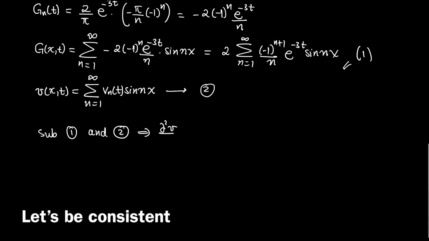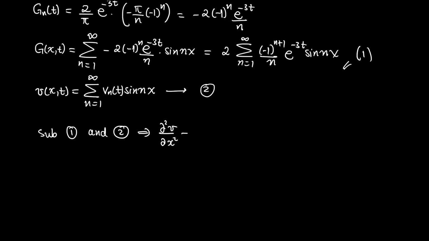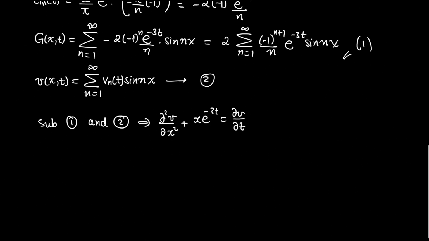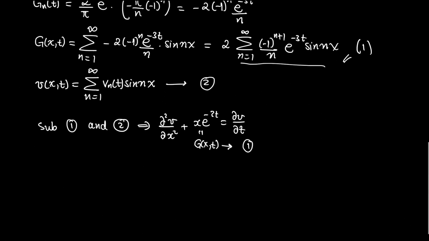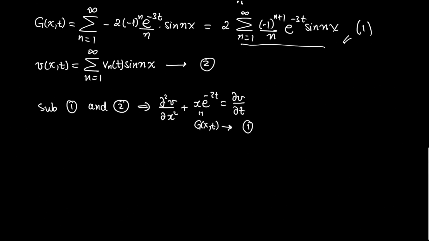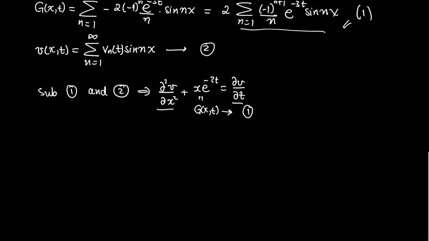Let's just be organized. So I'm going to substitute here to verify. Now, remember that this is equal to g(x,t), which was equal to number 1. Now I just need to find this and this.